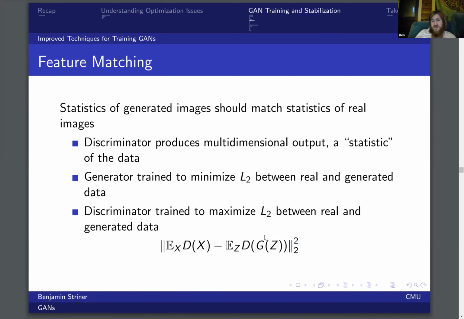So instead of just a single discriminator output, you can have a vector of outputs, and you're trying to match the vectors of real data going through the discriminator and generated data going through the discriminator. It gives it slightly wider outputs, and that can cause a little bit of stability, a little less oscillation.